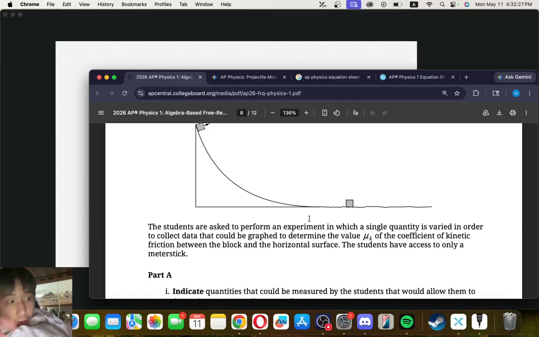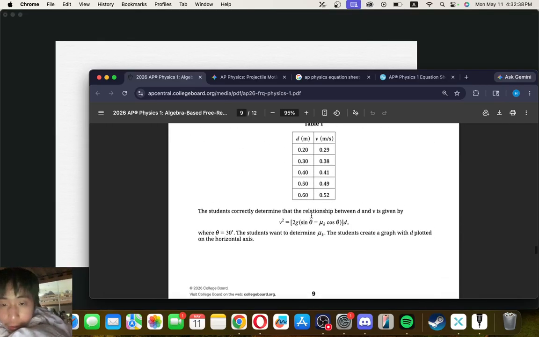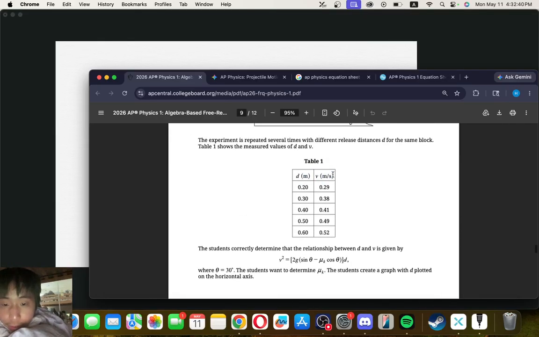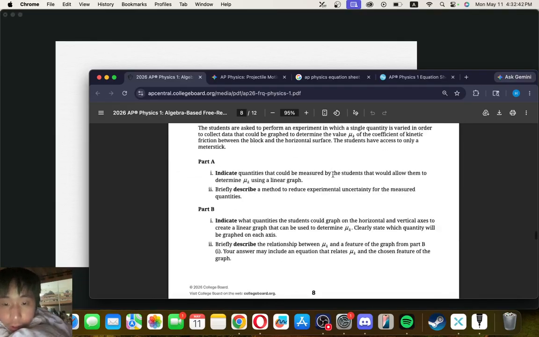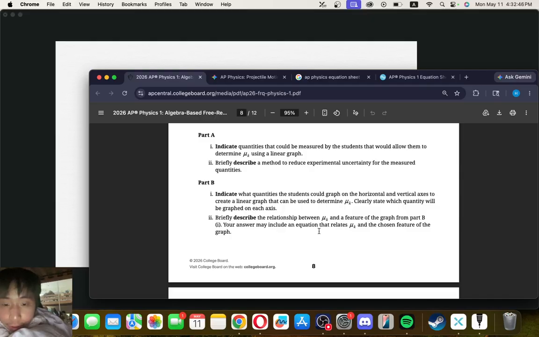So it's equal to square root 2gh divided by m and the distance. Yeah, I think that's about it. Distance, velocity. Well, you're probably calculating the actual velocity in a different experiment.